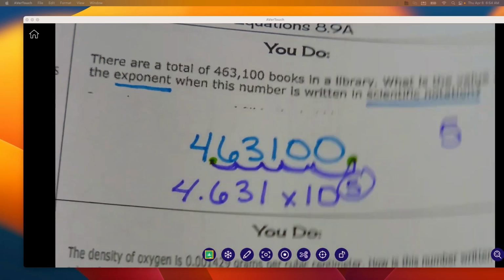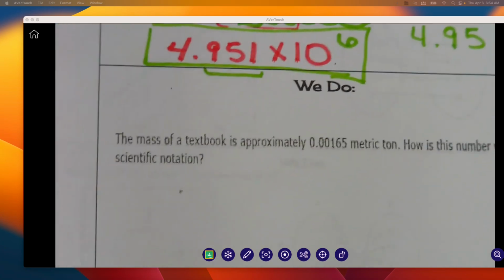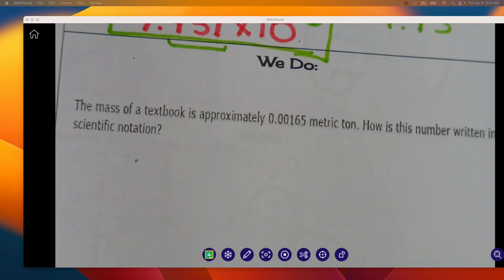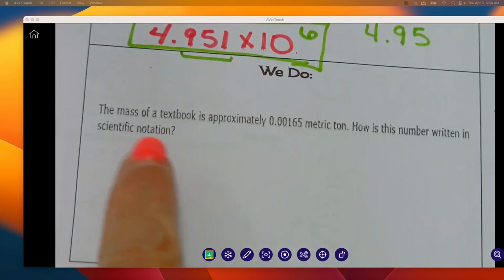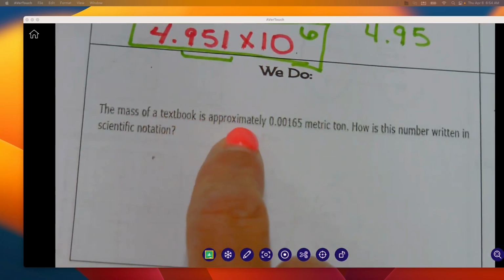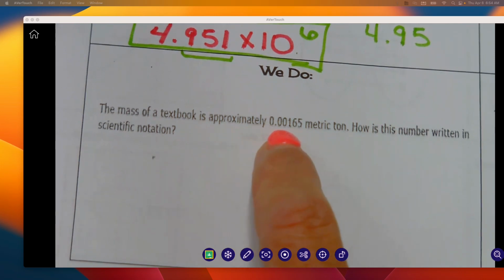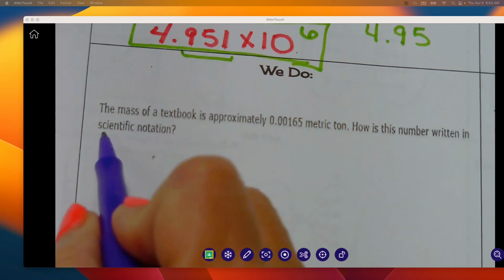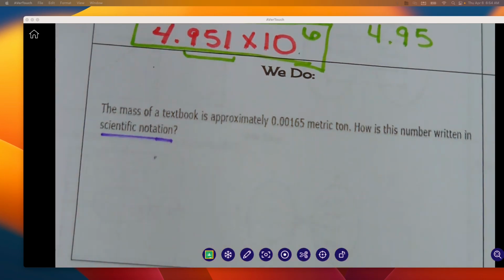Now let's look at the we do. It says the mass of a textbook is approximately 0.00165 metric ton. We're writing this in scientific notation, which means we're making our base number between 1 and 10.